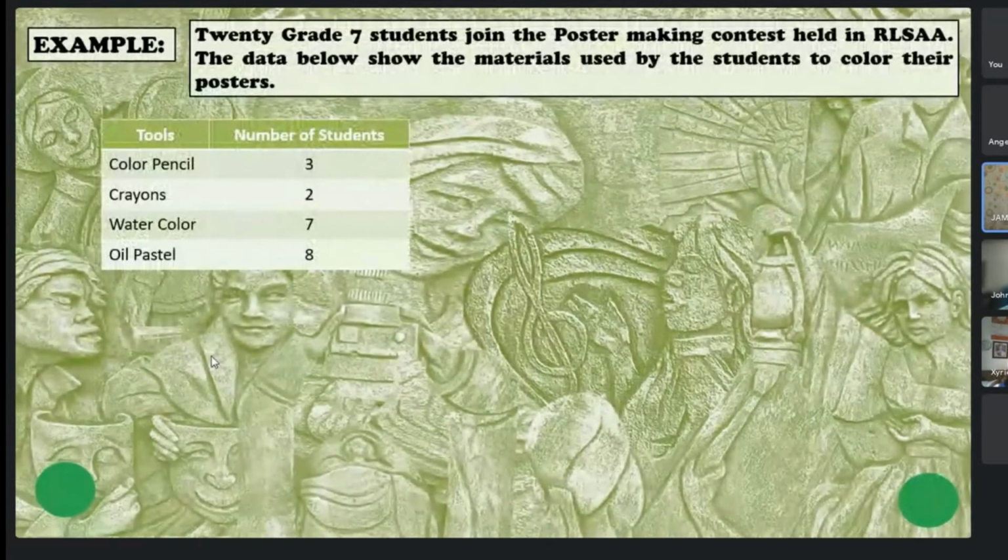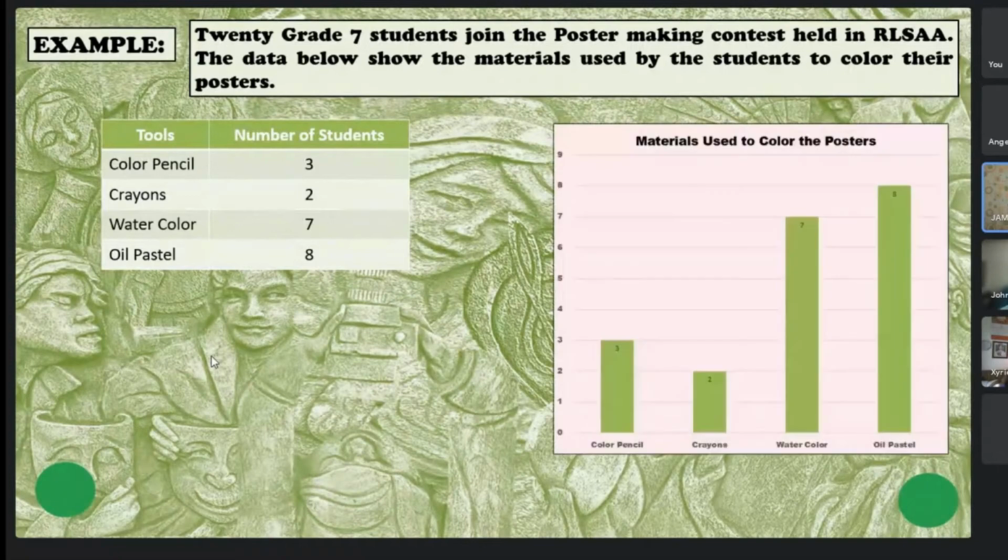So let's have here an example. We have 20 grade 7 students who joined the poster making contest held in Arsaa. The data below show the materials used by the students to color their posters. As you can see here, we have different categories: color pencil, crayons, watercolor, and oil pastel. Therefore, we are going to use a bar graph to represent this data.